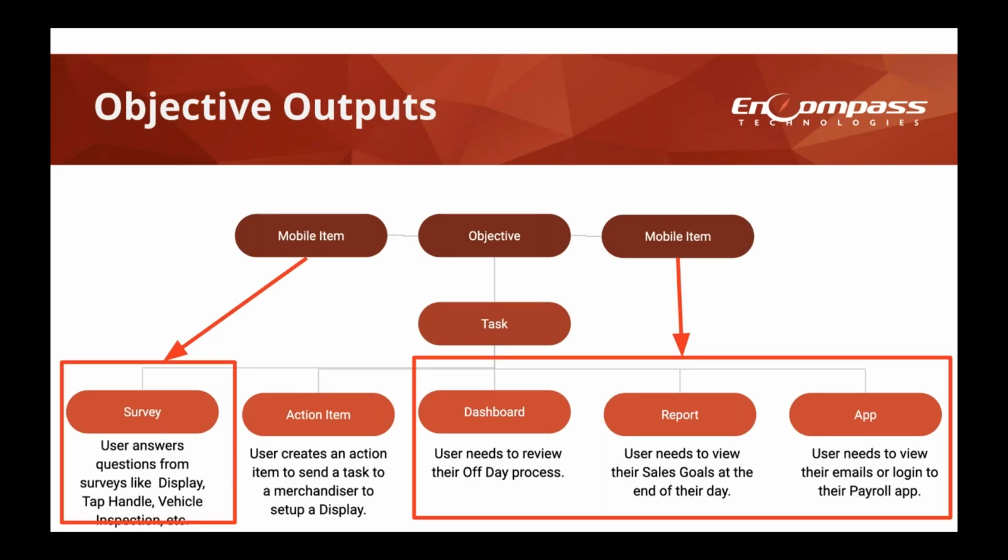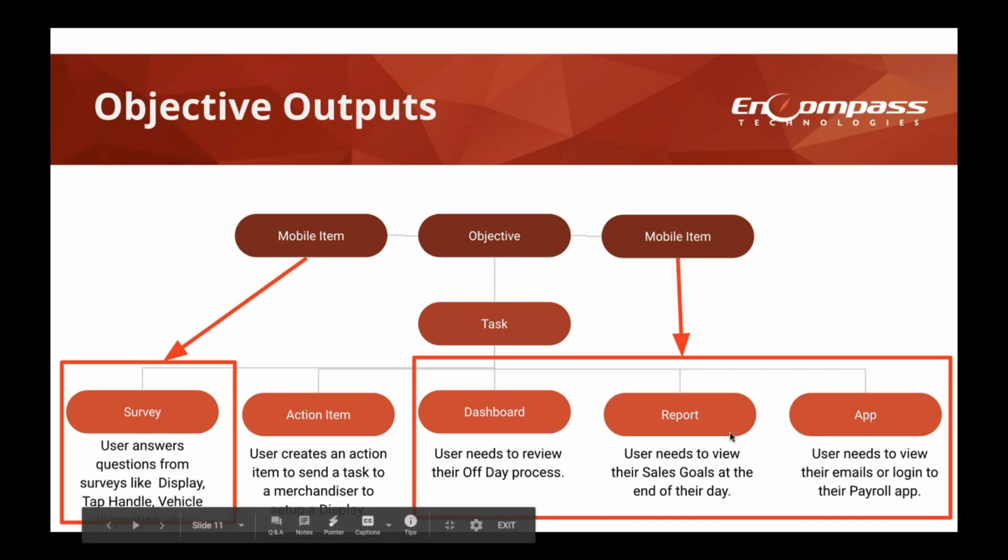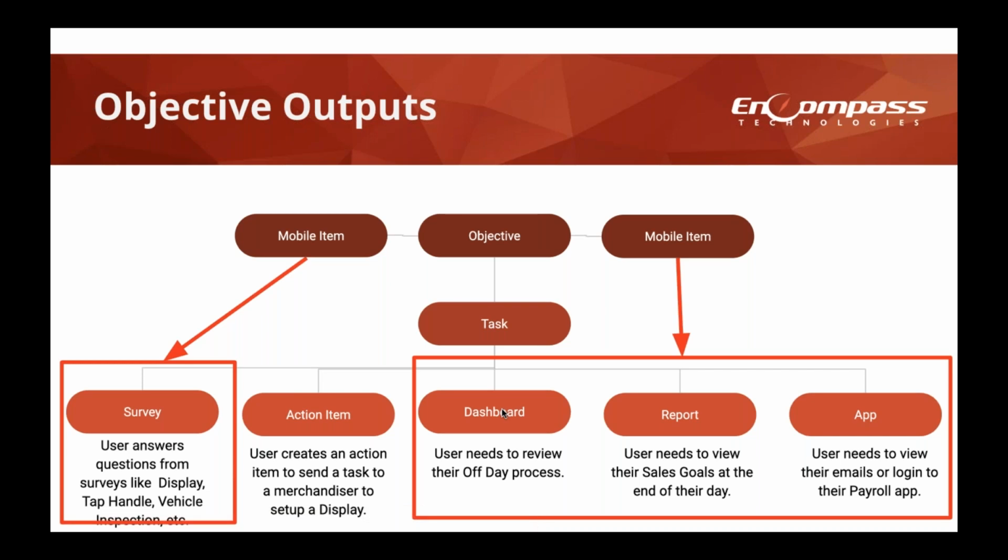Now, this is basically back to an original diagram that I showed you, but I just added these two mobile items on the side, right? So we've already established that an objective makes a task, and then a task comes in many different flavors and forms, right? But when I click on these tasks, well, how the heck does it know to go to dashboard 1, 2, 3, right, versus just showing a survey?